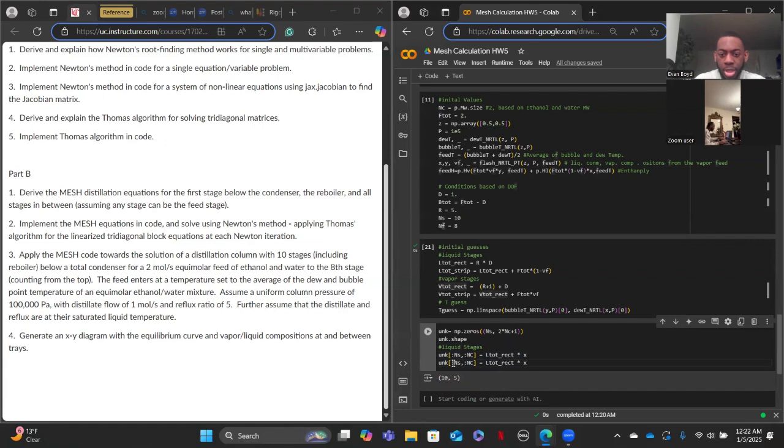The only thing that will change is, what is it? That will be stripping now? We'll be grabbing the Y compositions, multiplying by the Y compositions, the vapor compositions, and then we switch this out, and this will now be from NS on. I'm pretty sure. No, I switched them. Yes.